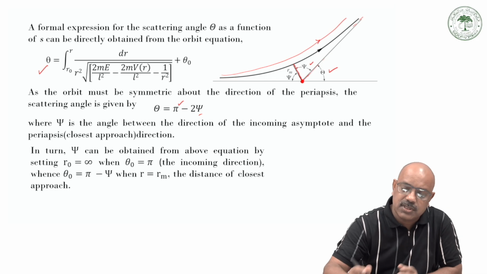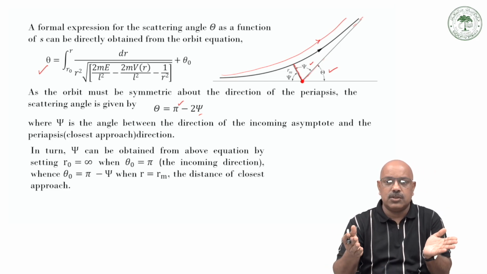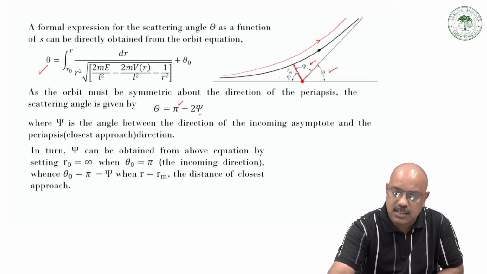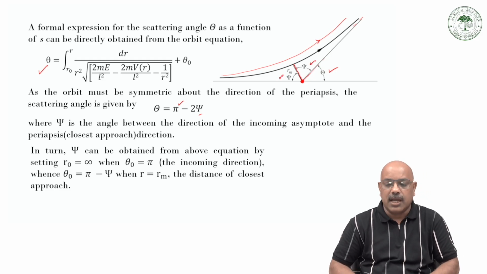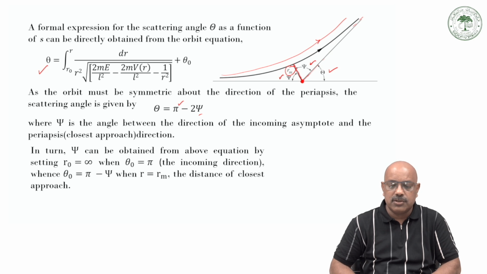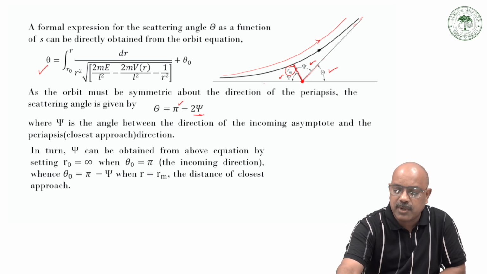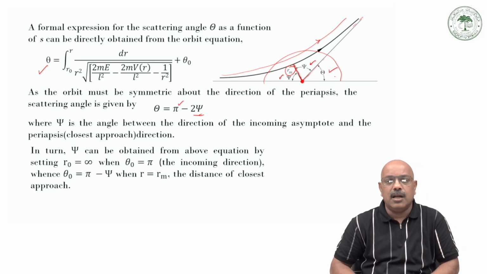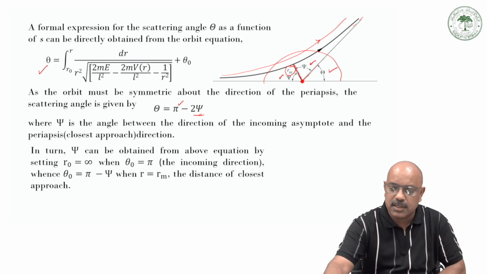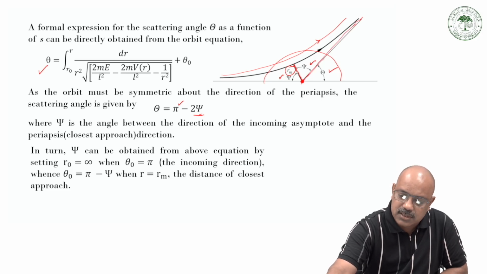Because this has to be symmetric around the periapsis, if this angle is psi, this angle has to be equal to psi. This is Rm, the closest approach. So you can see that theta is pi minus 2 psi in total, where psi is the angle between the direction of the incoming asymptote and the periapsis, the distance of the closest approach.